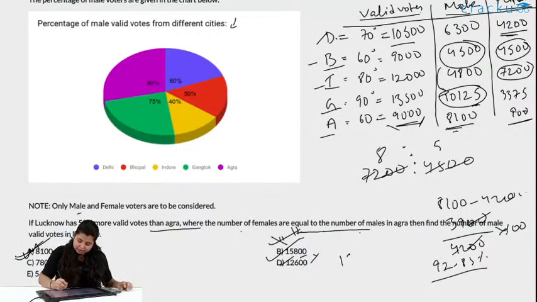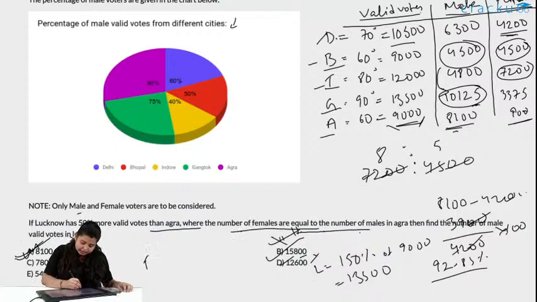Lucknow is 150% of 9000. It is 13500. What do we need is, we again said number of female in Lucknow, that is female in Lucknow is equal to the number of male in Agra. What is the number of male in Agra? It is 8100. So, what is asked?